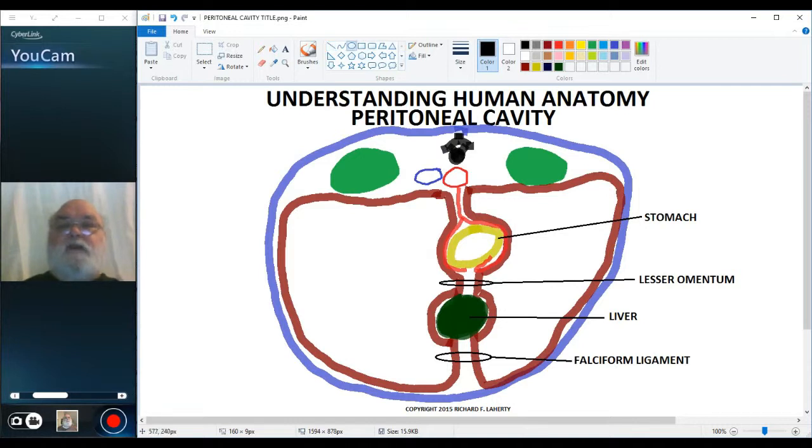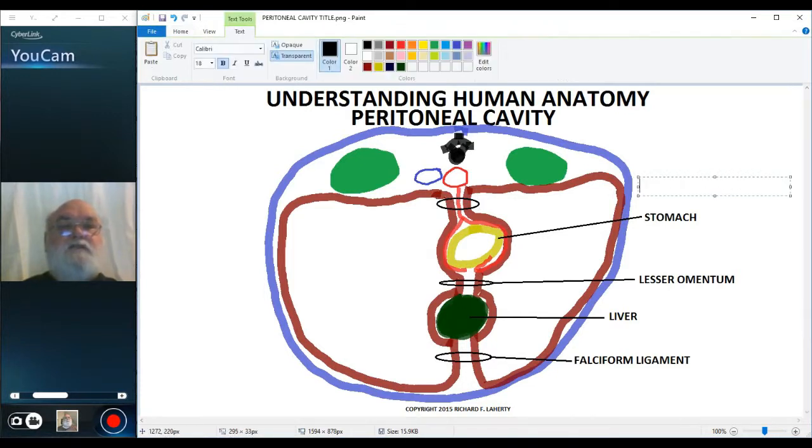The dorsal mesentery is still here. And the dorsal mesentery, if we give it its proper name, would be the dorsal mesogastrum.